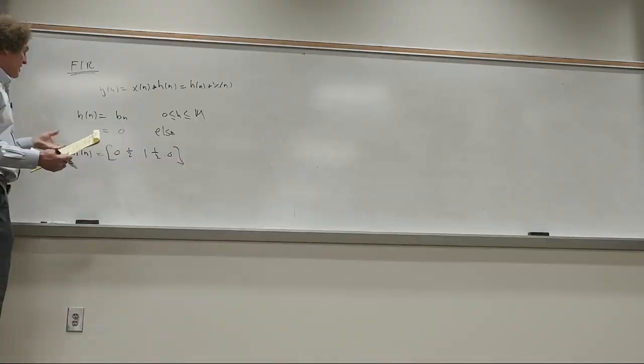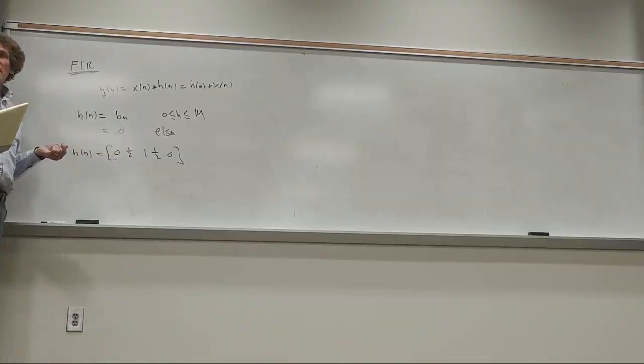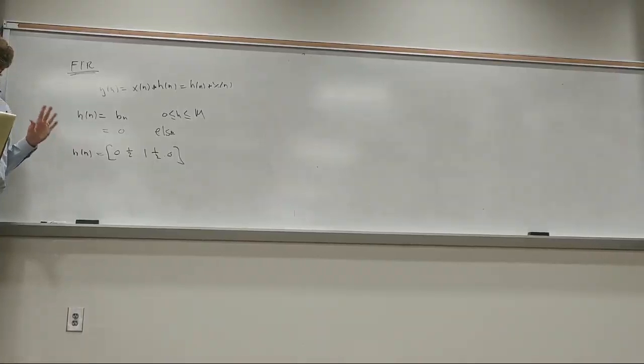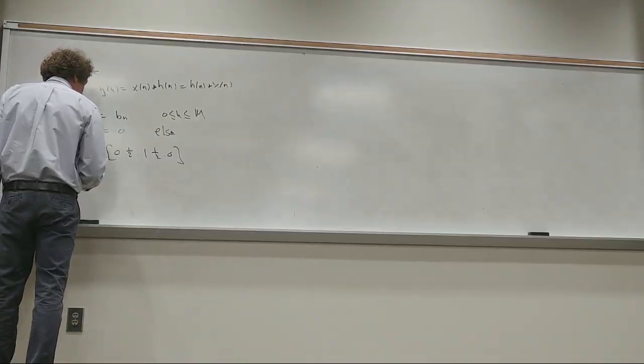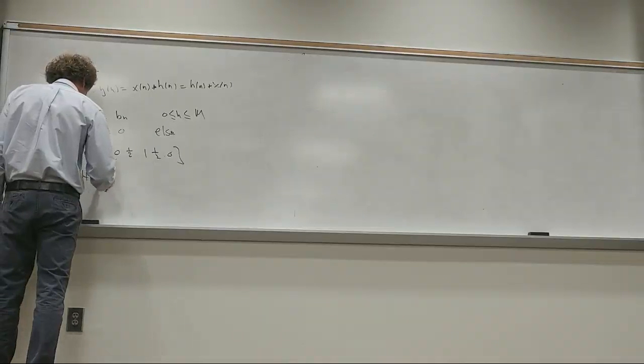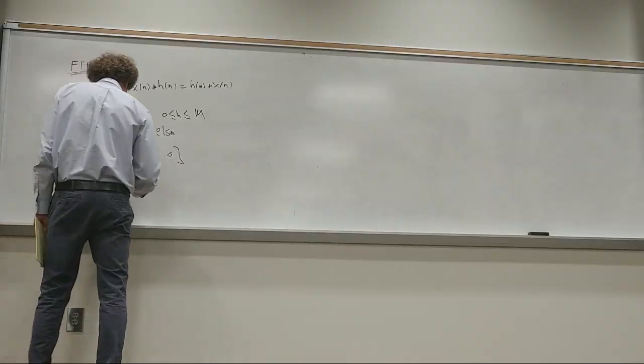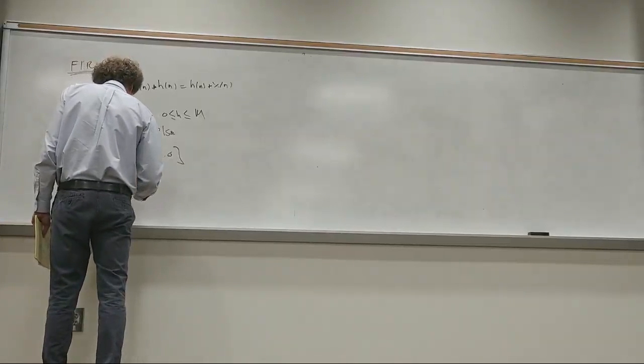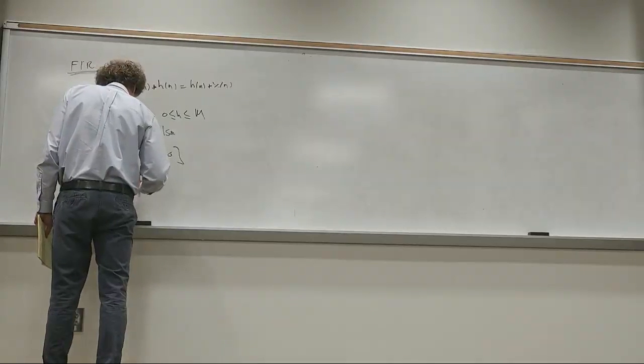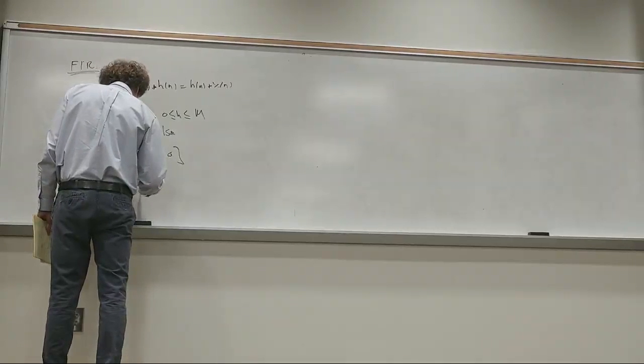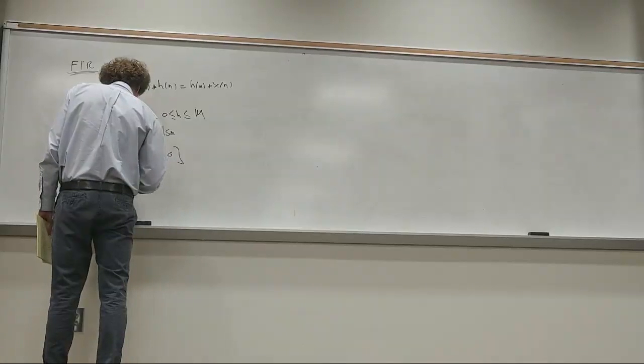Well, if that's h of n right here, I can figure out my h of z very easily. Do you all agree with that? I don't know if I need to do it, but I'll just do it right here quickly. You don't need to write this down. What is it going to be if I do my h of z? That's equal to the summation of h of n times z to the minus n, from n equals 0 to 4.